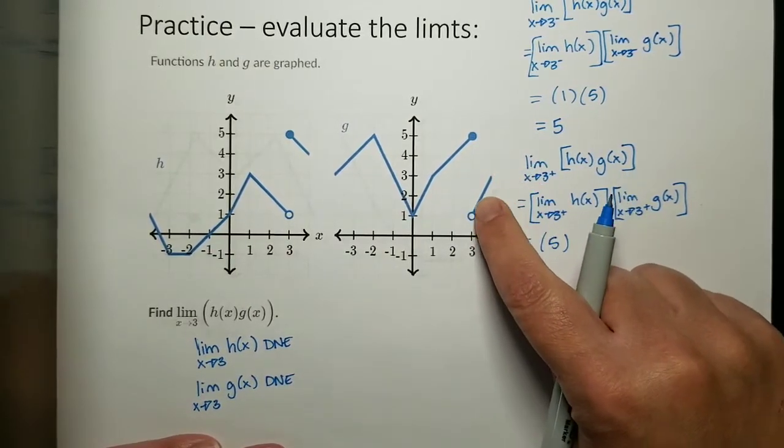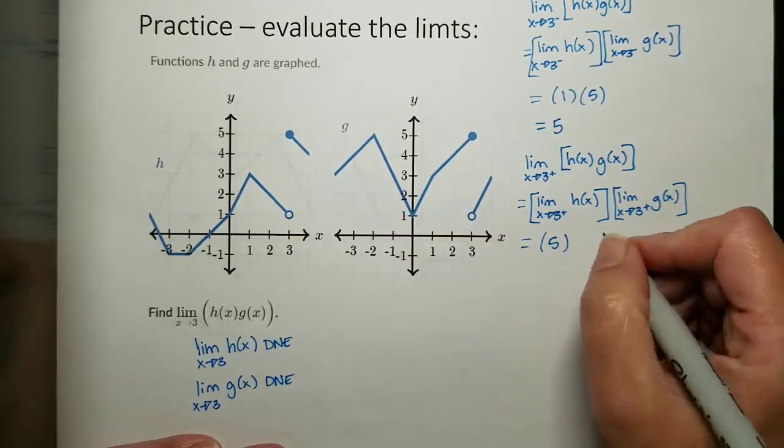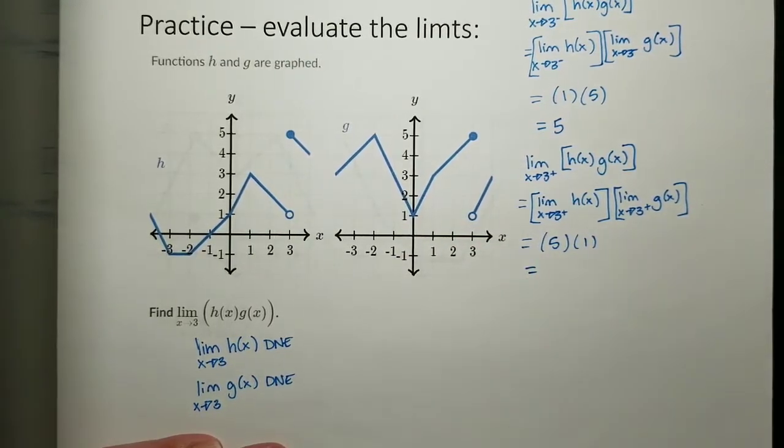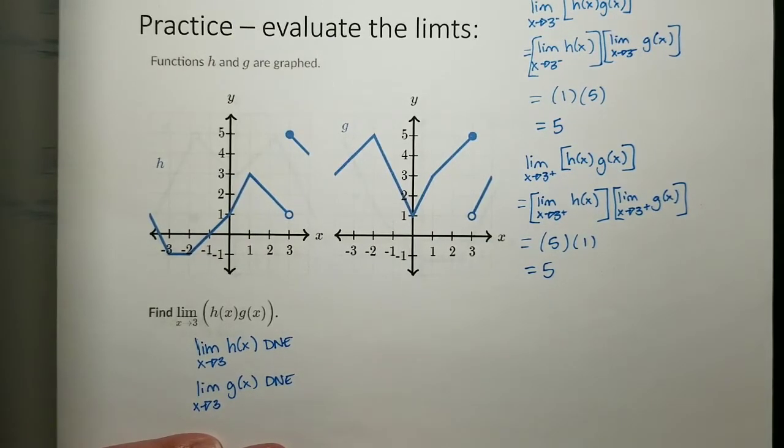And then on the function g, if I'm looking at the graph of g, I'm going closer and closer to a y value of 1. And you can see, just like the last example, we do end up with the same value.